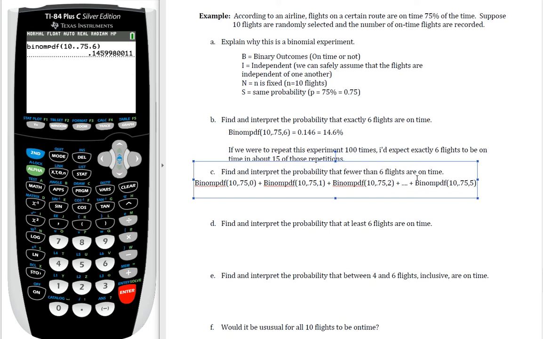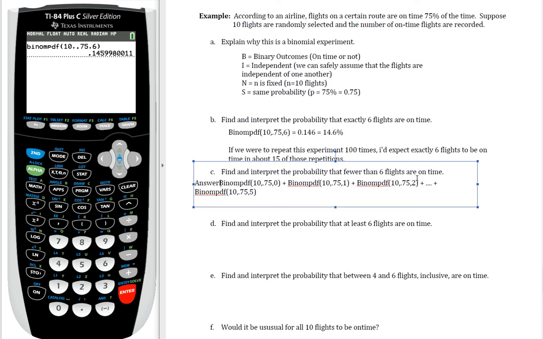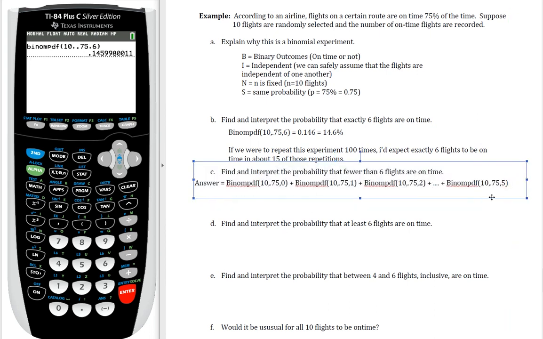And what we're going to do instead, so we can say the answer can be represented like this, or the answer could also be represented by doing one Binomcdf function, because remember CDF is cumulative, and say, okay, find all the probabilities up to, so with 10, 0.75, up to 5. This will take all the probabilities of 0, 1, 2, up to 5 and put them all together into 1.